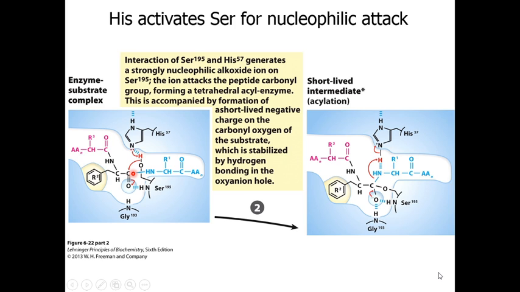Now this is accompanied by the formation of a short-lived negative charge on the carbonyl carbon. This negative charge on the carbonyl carbon is called the oxyanion, and that oxyanion is stabilized by the backbone NH from glycine 193 and serine 195.